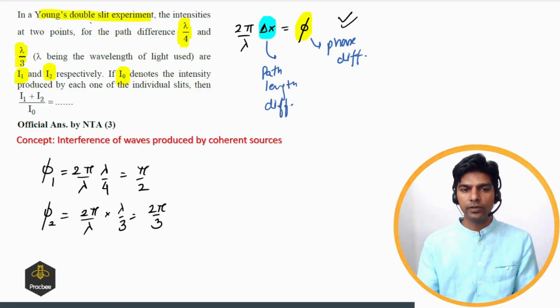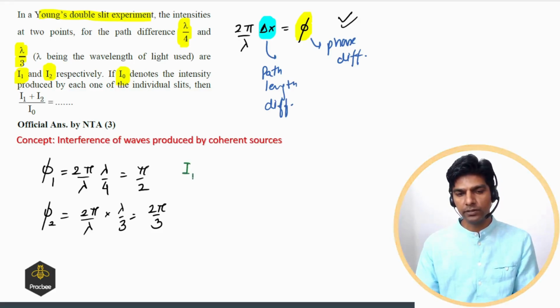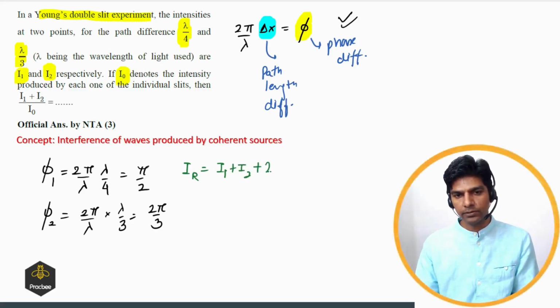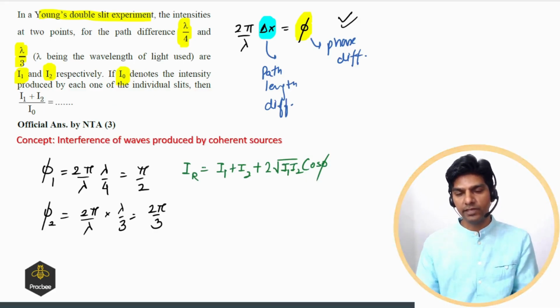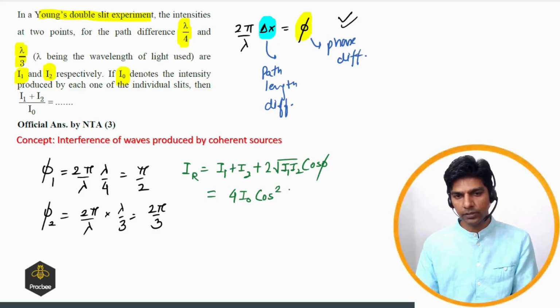Now again we have to use the resultant intensity formula, which is I1 plus I2 plus 2 times root I1 I2 cos phi. But here it is given that both the sources have the same intensity, so this formula will become 4 I naught cos square phi by 2. Now let us use this formula.